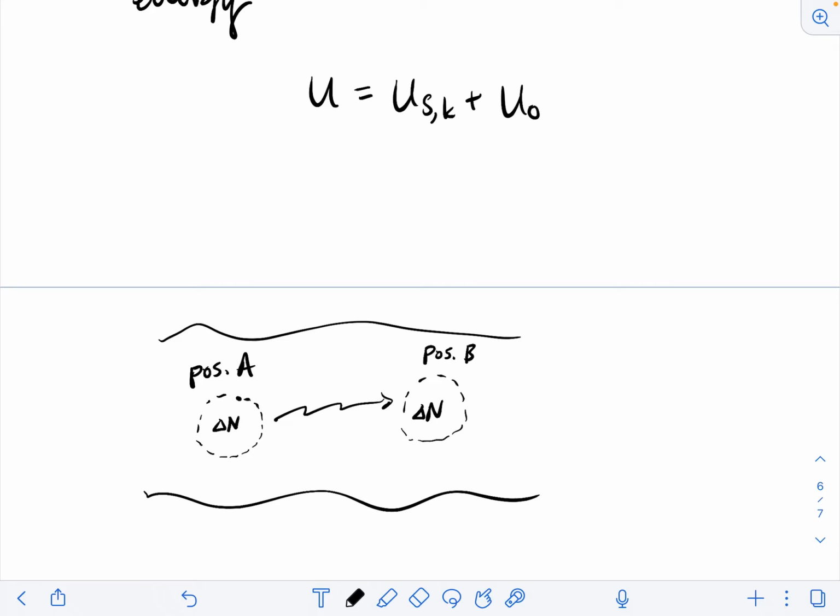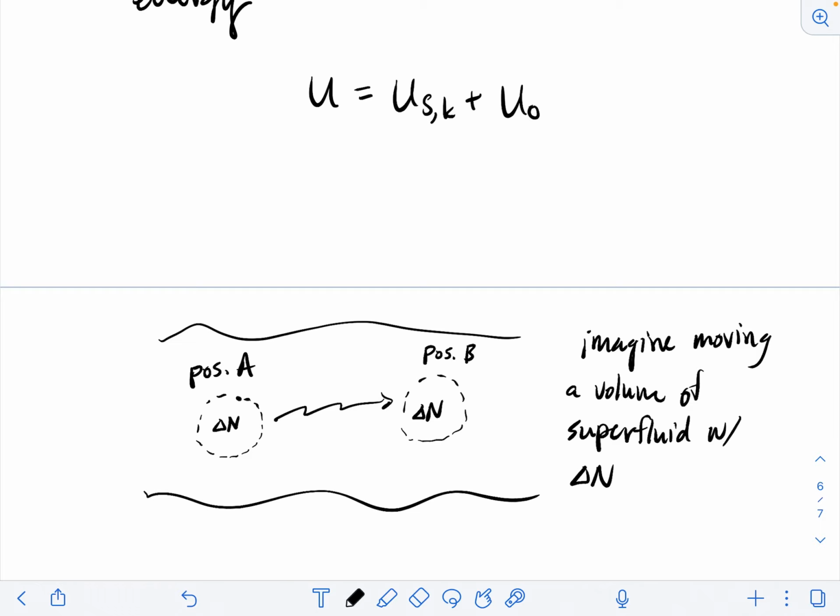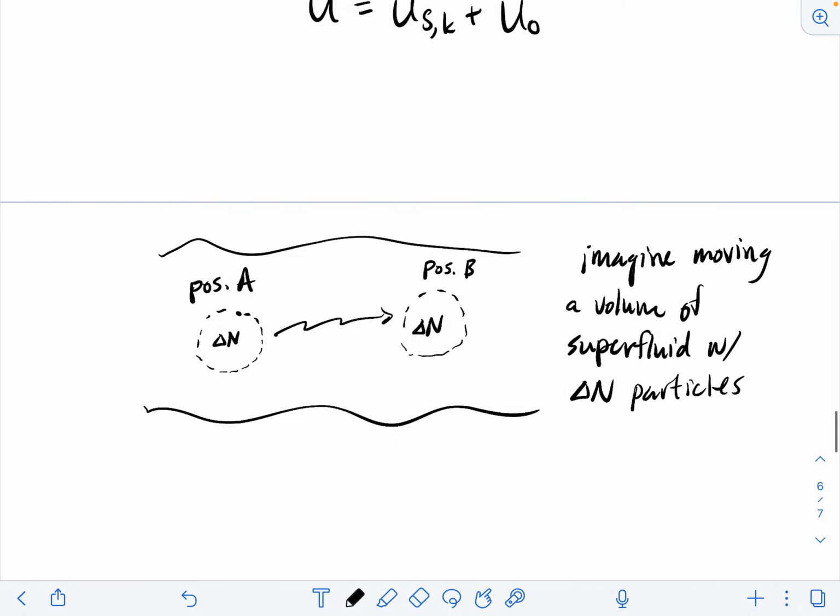So we imagine moving a volume of superfluid with delta n particles from position A to position B.